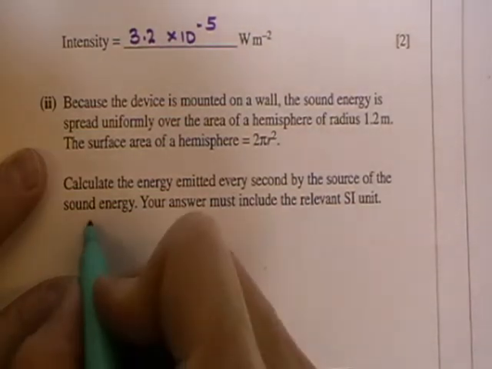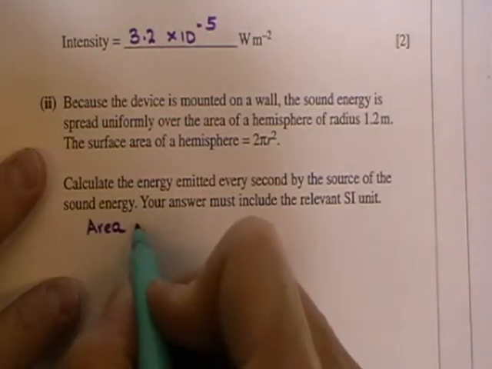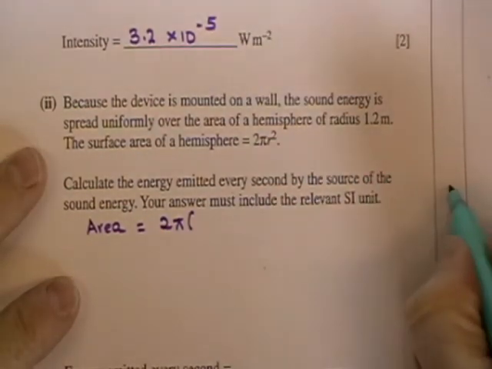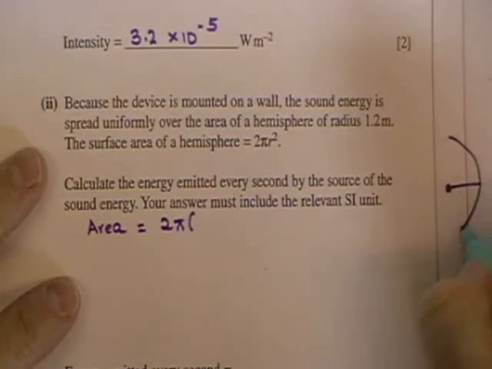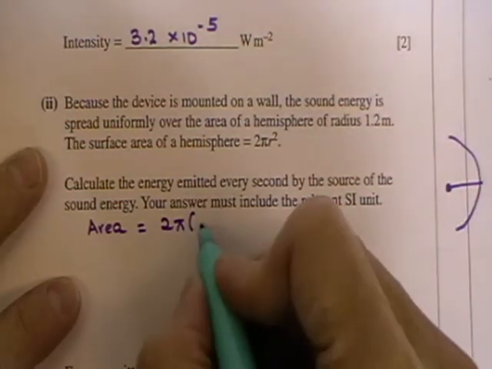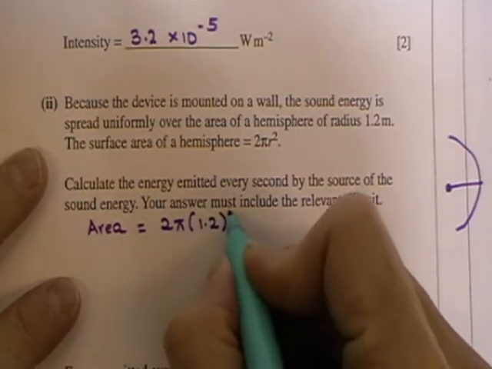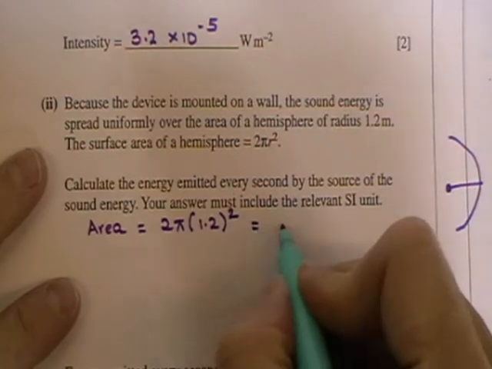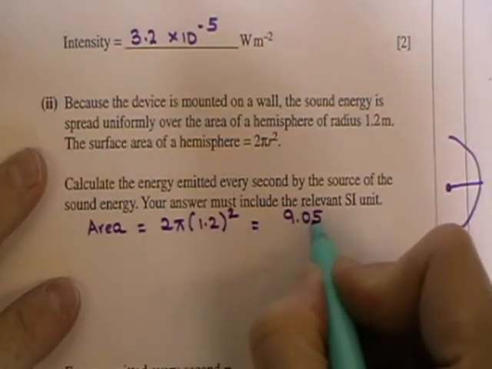So if we calculate the area of the hemisphere, the area is 2 pi times the radius, 1.2 metres, squared. So the area comes out to be 9.05 metres squared.